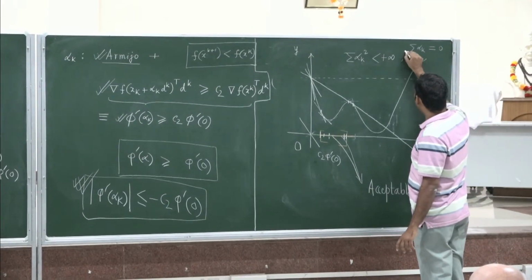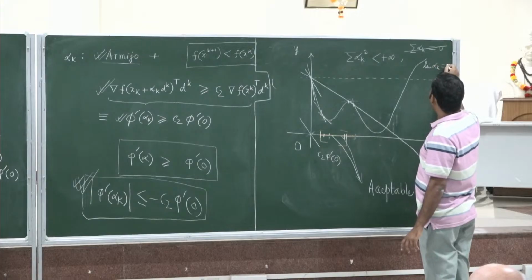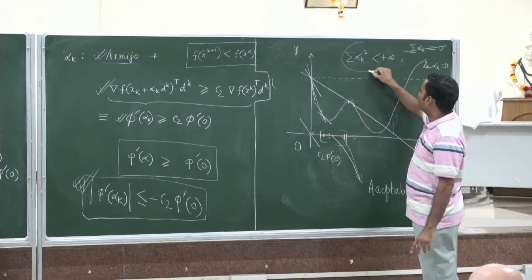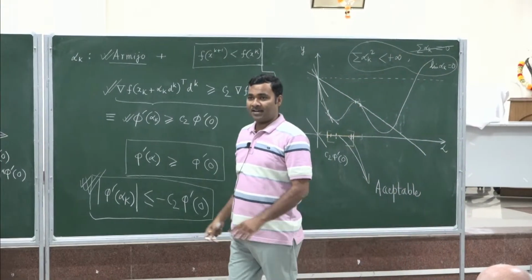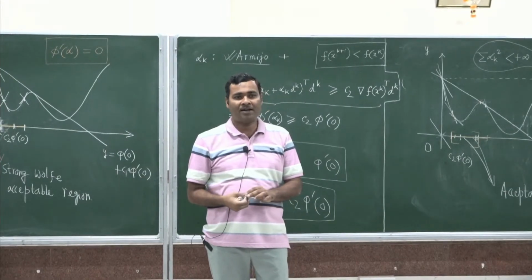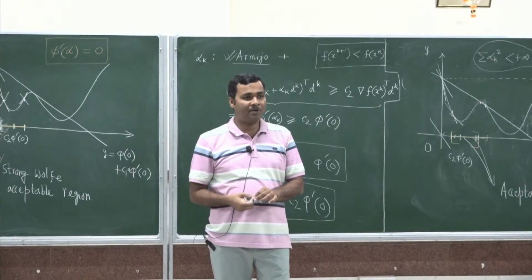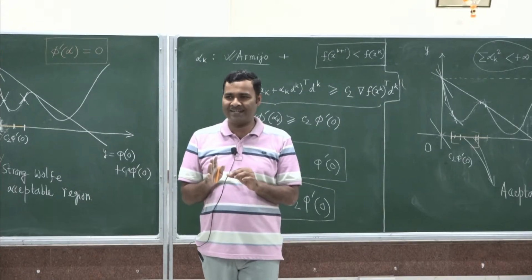Also, you require that the limit of alpha k is 0. These conditions are sufficient so that with this choice of alpha k, your method will have global convergence irrespective of what descent direction you choose, provided the descent direction is gradient related.